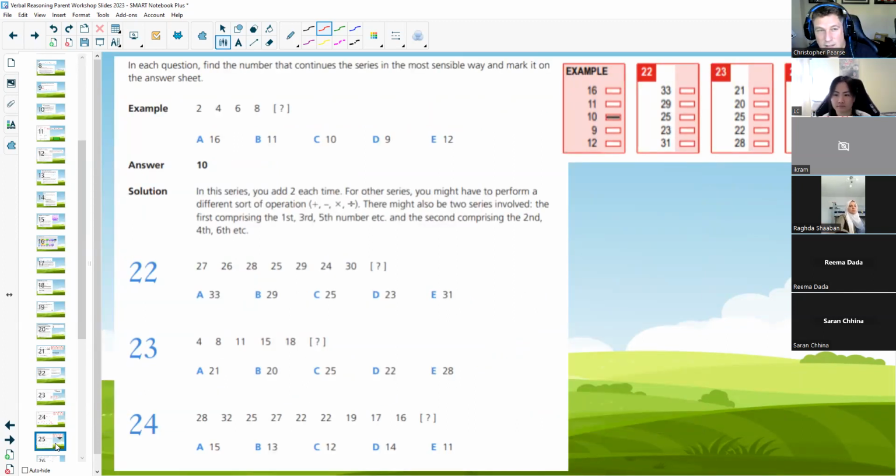Now, I thought this would be a little break from us talking about words and vocabulary to actually have a look at a maths related question in verbal reasoning. You can probably remember at the beginning of the workshop, I said that there are 4 types of maths question. This is one of them, and this is called sequences or series. There's balanced equations.